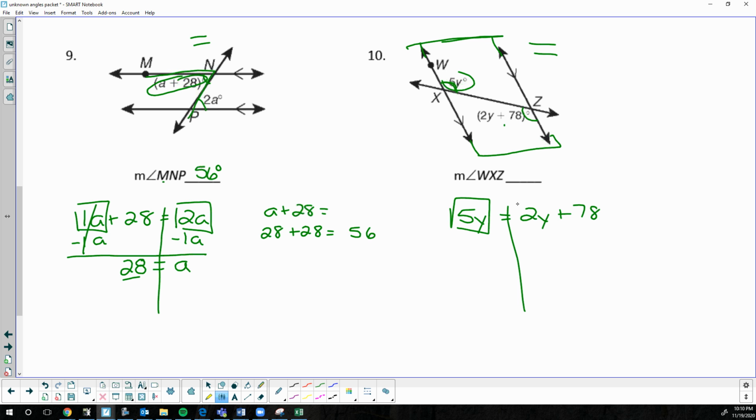Box up my letters. Again, we have to move the 2y because the 5y is all by itself and it has to stay. So the opposite of 2 is negative 2. Okay, 5 minus 2 is 3. Bring down the 78.